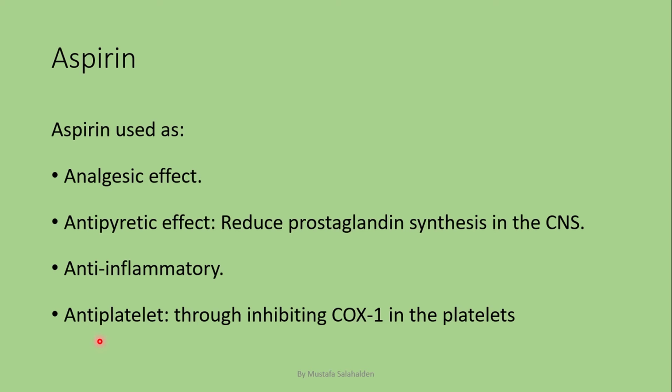By inhibiting this enzyme, there is a reduction in the thromboxane, and the thromboxane has a very important role in platelet aggregation. When it's reduced, there is less platelet aggregation, which explains the antiplatelet effect of aspirin.